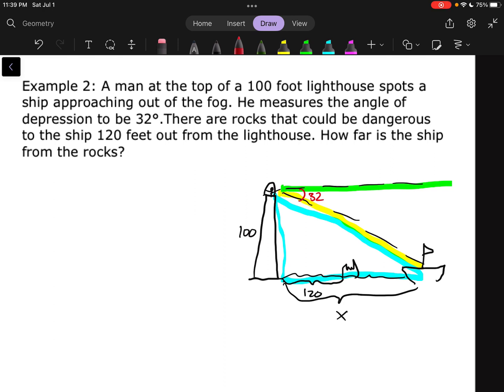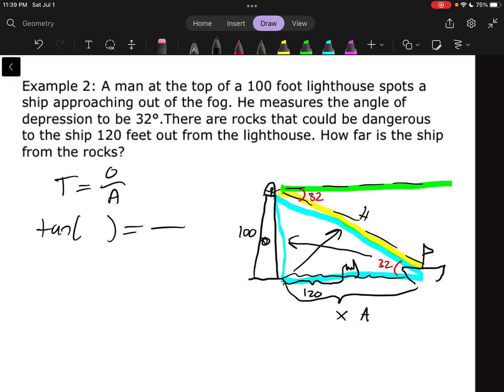I'm going to use the alternate interior angles to place a 32 down here. That's my O. That's my H. This is my A. So let me do some tangent. Tangent of 32 is equal to 100 over x. Cross multiply, get 100 is equal to x times tangent of 32.